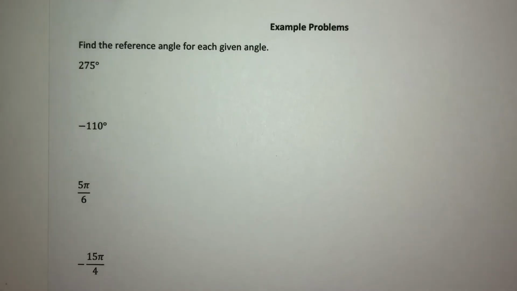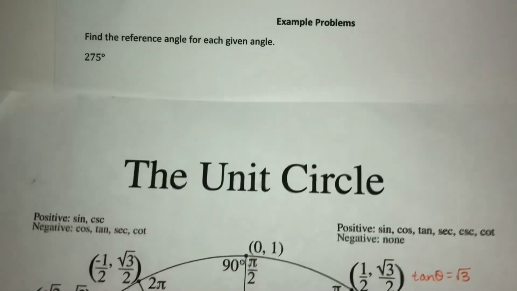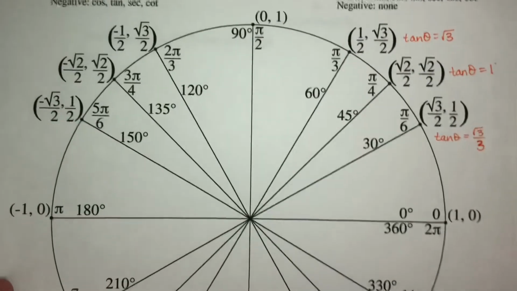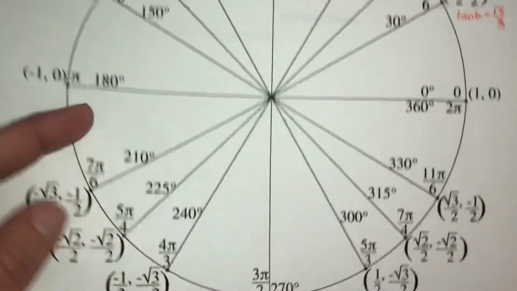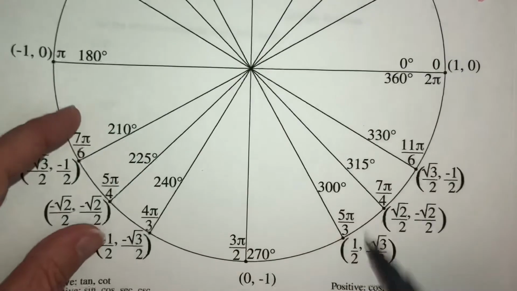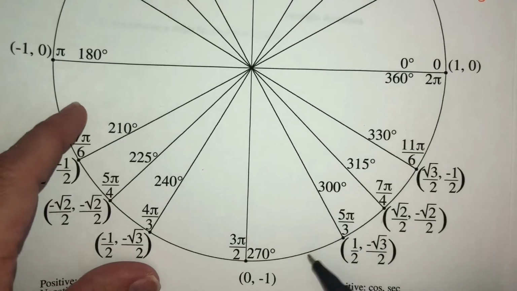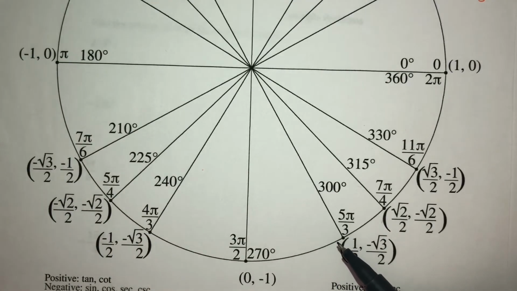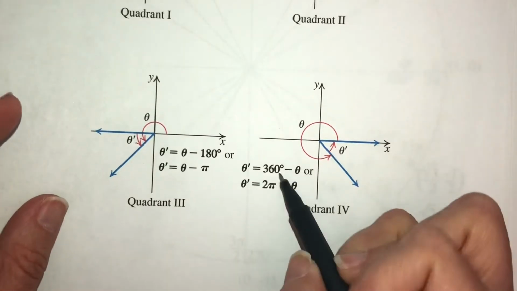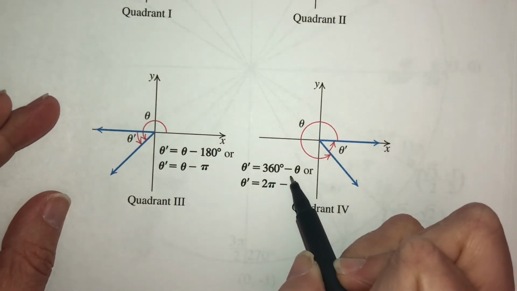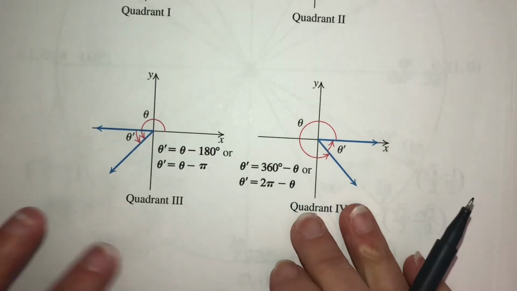Now, we've got a unit circle that we can look at easily. 275 is larger than 90, larger than 180. 275 is going to be in quadrant 4. Okay, and if we are in quadrant 4, then we take 360 and subtract away the angle we are given.